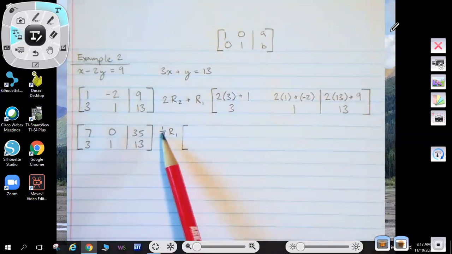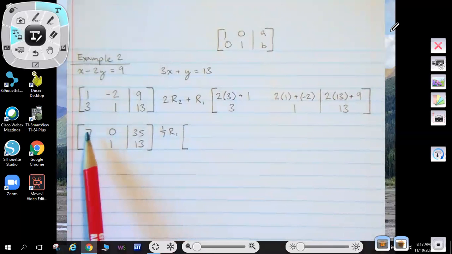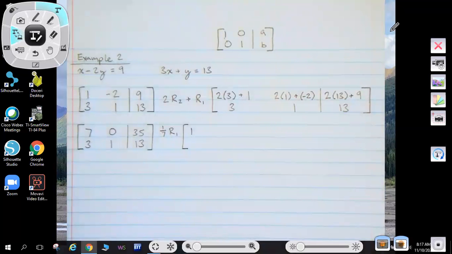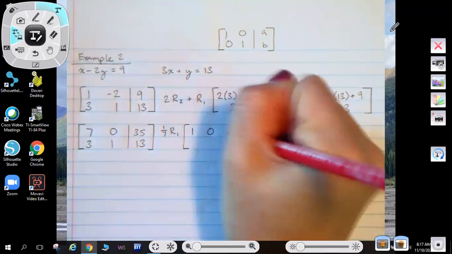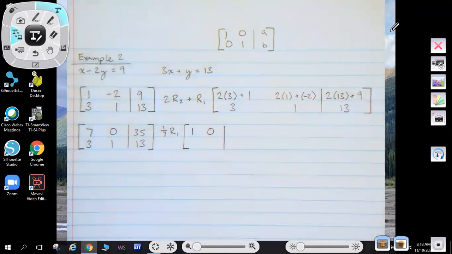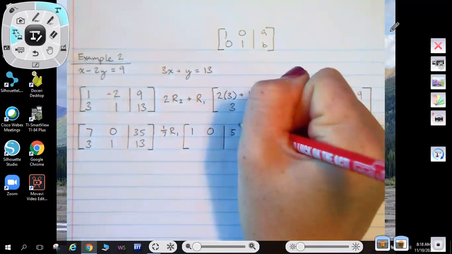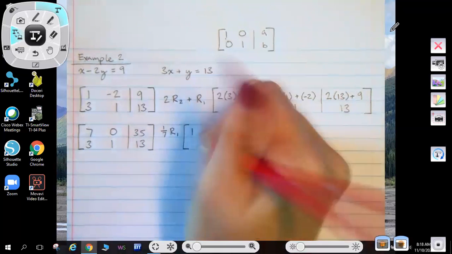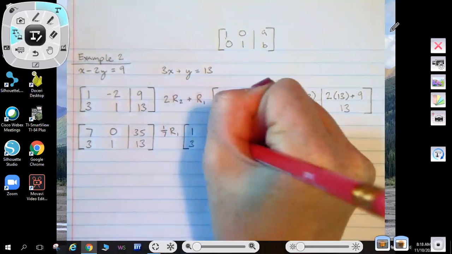So when we do 1/7 times row 1, 7 times 1/7 is 1, which is what we wanted. 0 times 1/7 is still 0. And 35 times 1/7 is the same as 35 divided by 7, which is 5. And the second row didn't change. 3, 1, 13.